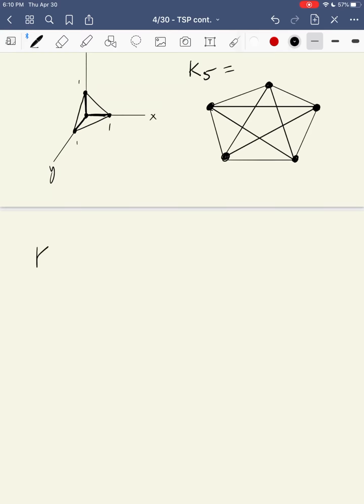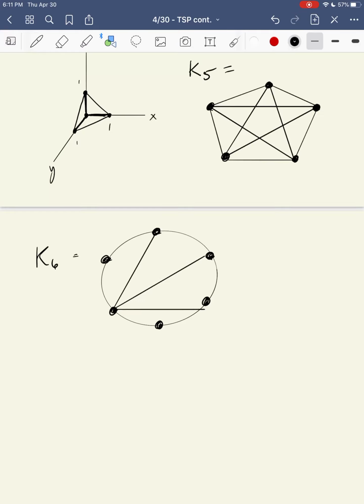And finally, I want to do K6 here, because why not? Here's another way of drawing it. You can put them on a circle and go 1, 2, 3, 4, 5, 6 for K6. And then you can just draw all of the edges, connecting them.